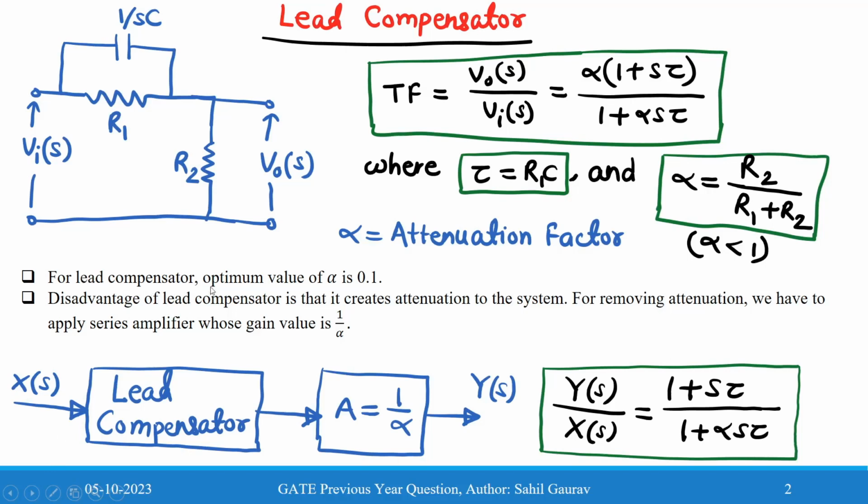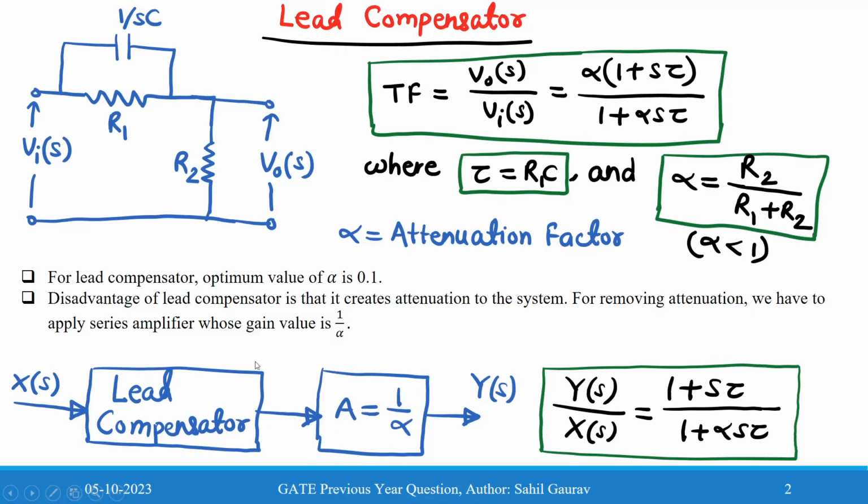Generally, for a lead compensator, the optimum value of alpha is 0.1, and the disadvantage of the lead compensator is that it creates attenuation in the system. For removing the attenuation, we apply a series amplifier whose gain is 1 divided by alpha.